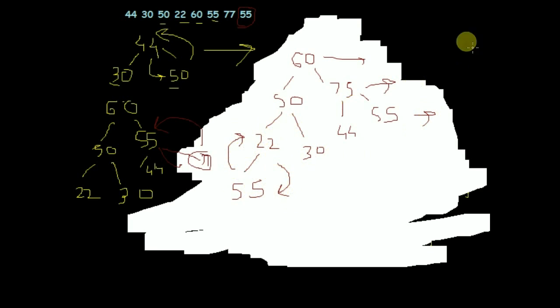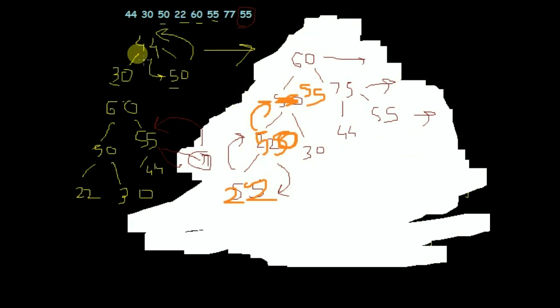Now 55 will come here, 22 will come here. Now 55 is more than 50, so change will come here as well. Now this will be my 55 and this will be my 50. So this is my final tree.